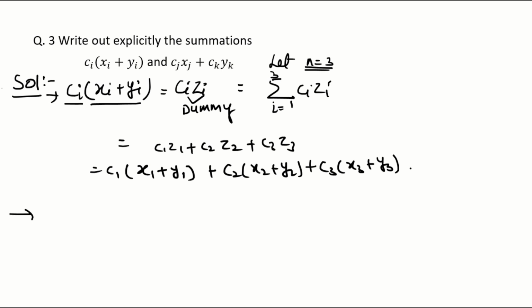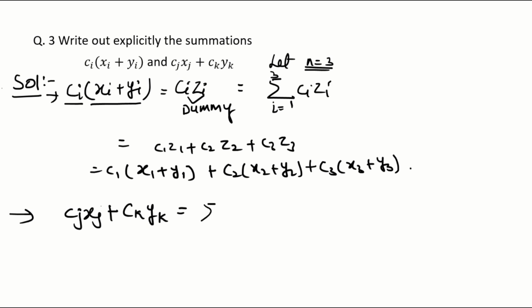Now let's do the second expression. For the second, what is written? cj xj plus ck yk. So it is the addition of two terms. In the first term we have index j, and it is dummy, and in the second term k is the index and it is also dummy because it is repeating twice. That means there will be a summation over j and a summation over k. For this question we will take the same value of n.